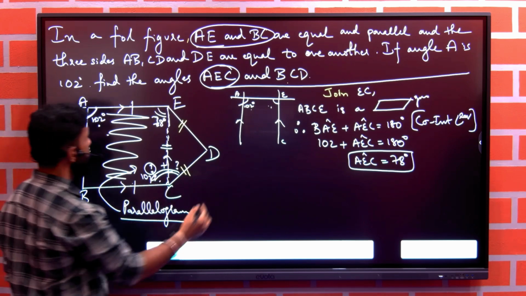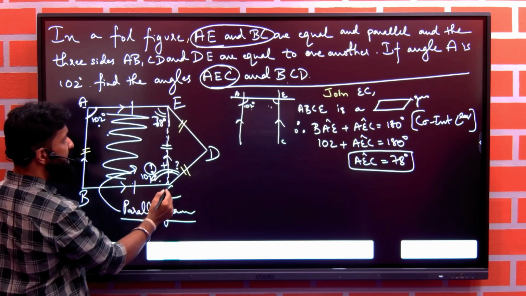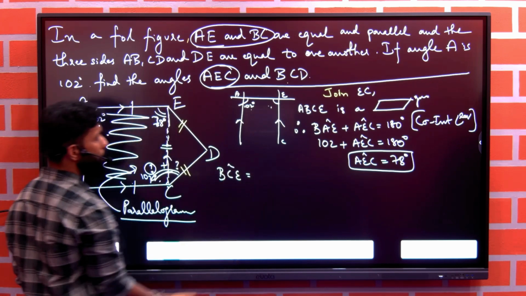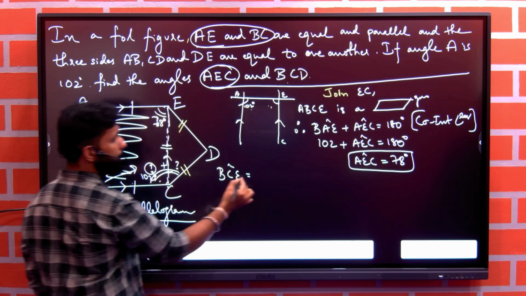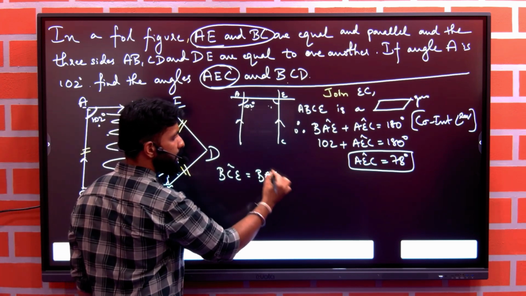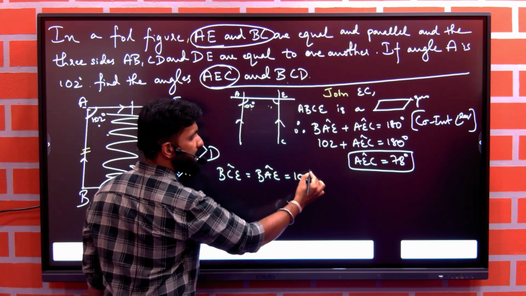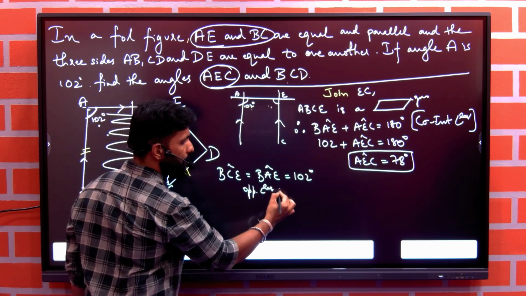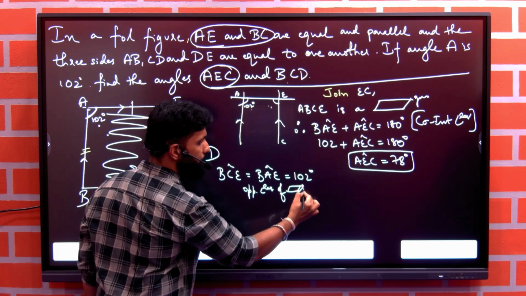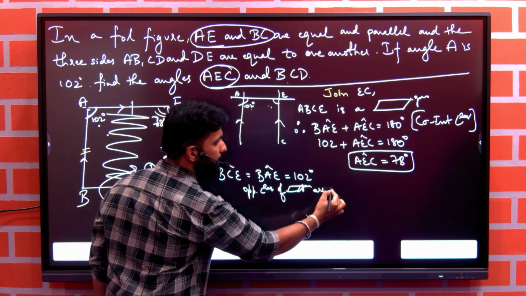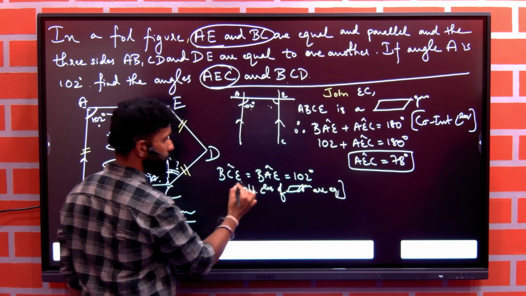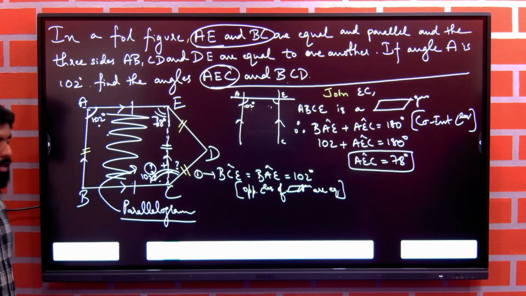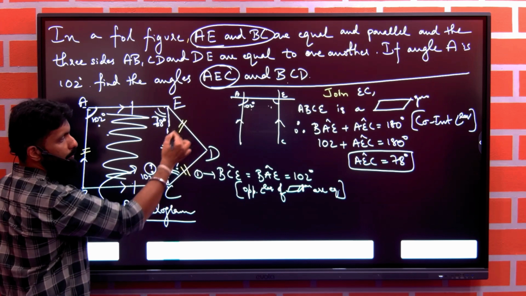So I say angle BCE is going to be equal to BAE, and the reason is opposite angles of a parallelogram are equal. I call this equation 1. Now come to this figure.